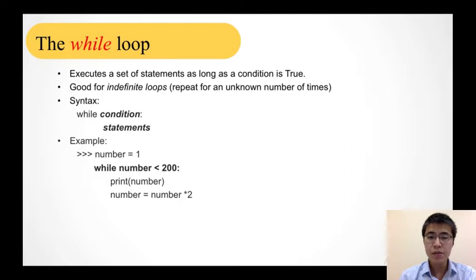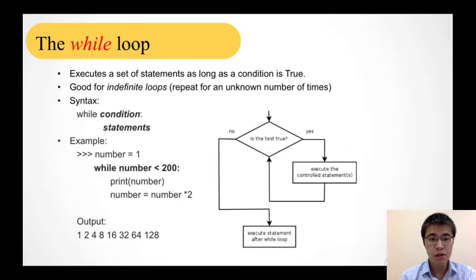Okay, let me write a simple example to show you how the while loop works. Imagine now the task is we want to find all the numbers which are a power of 2 and also smaller than 200.